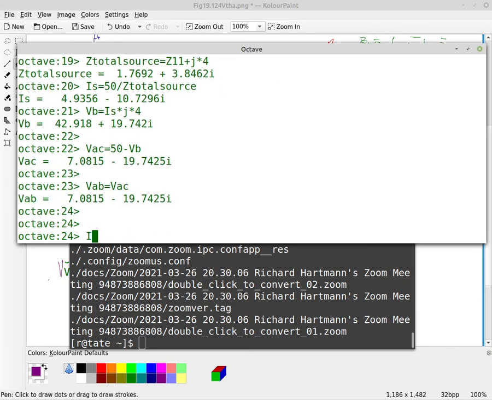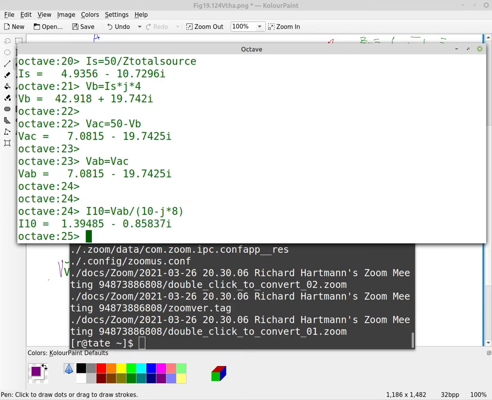So now I'm going to say my I10 ohm is equal to VAB divided by parentheses. Do not forget your parentheses. 10 minus J times 8, the capacitor piece. Okay, so that is the total current through that resistor.